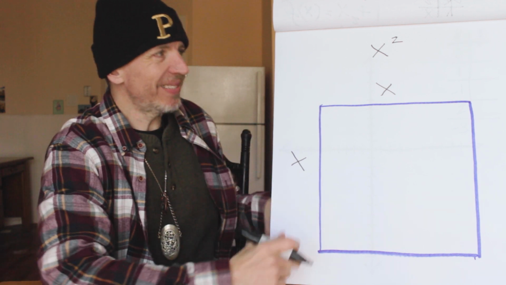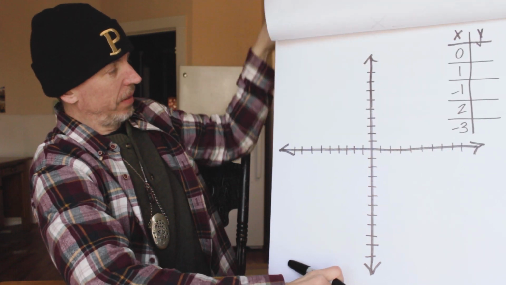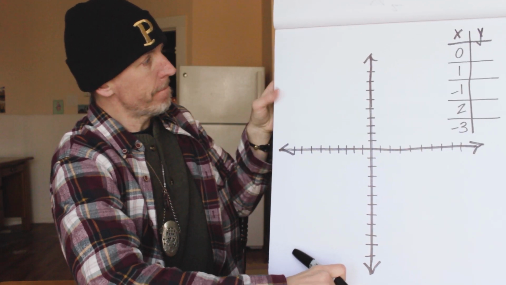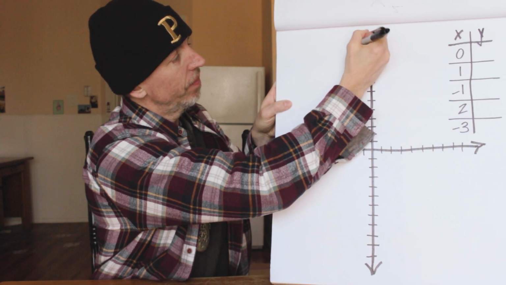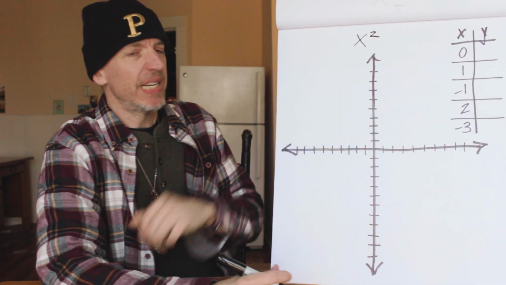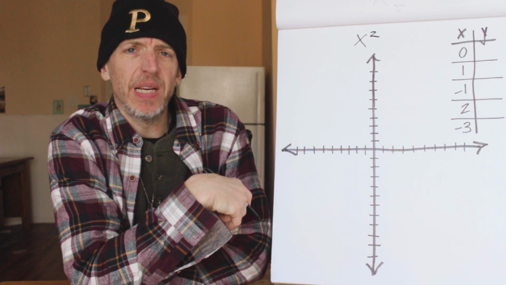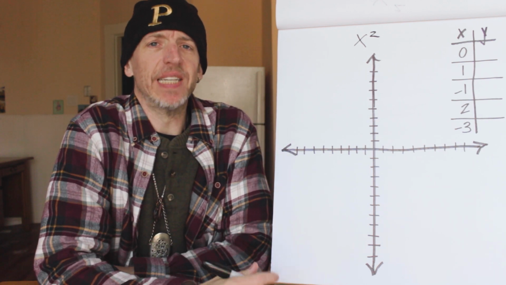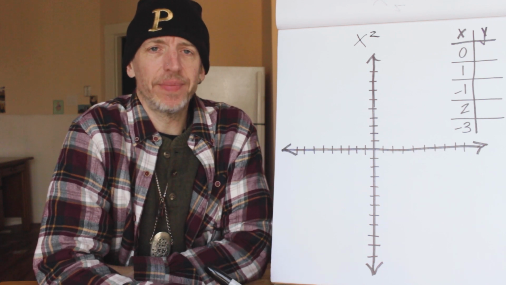Anyway, let's take this X squared, put it on a graph. Don't worry about the reason right now. Now, since you could put an input into this X squared expression and get a single output out of it, it's a function, not just a way to say how big a square is.